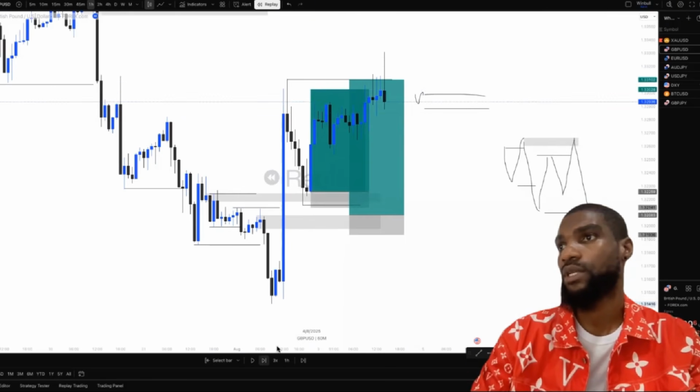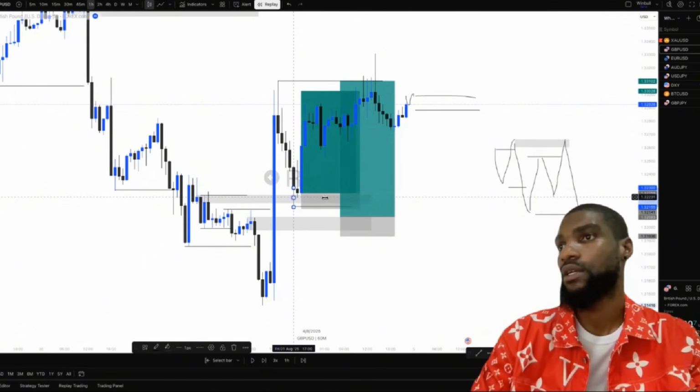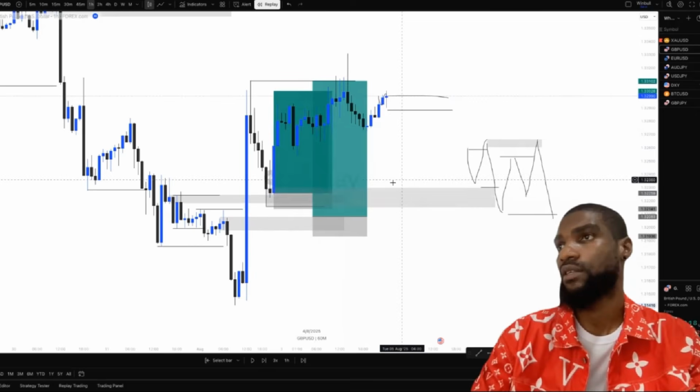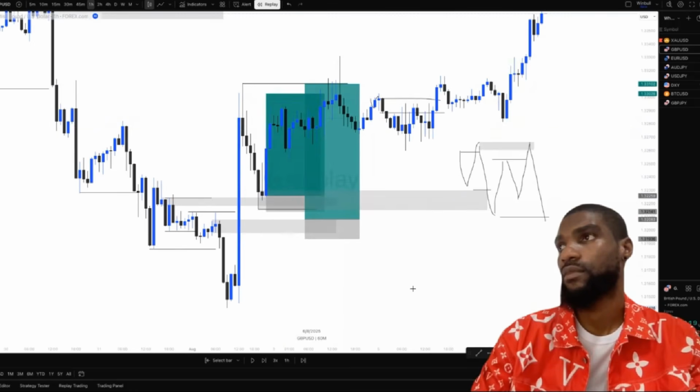See what happens. Now that we have this, I want to mark this level again as my demand zone, right? I don't want this video to be that long, so let's see if price will come there. Price didn't come there again.